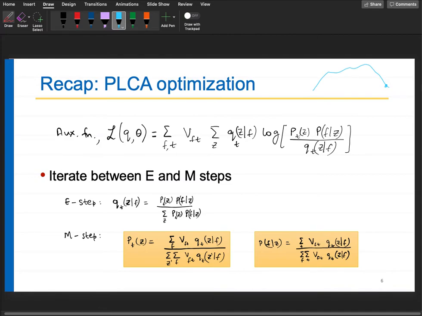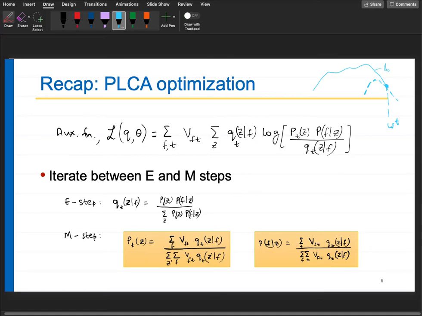And what do you do? You formulate an auxiliary function, such that its value is this at a given Wt. Now this function is always less than your original function.